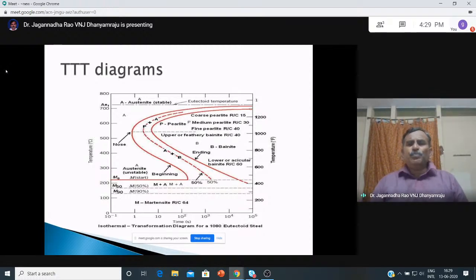And if you look at the shape of this curve in this diagram, for this eutectoid steel, above AE1 austenite is stable, and this austenite is converted to martensite below the martensite starting temperature, and complete martensite will form at a still lower temperature, which you can see in this diagram.